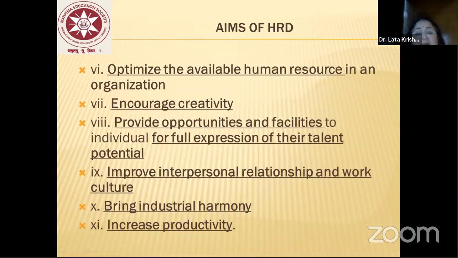Bring industrial harmony. So when is there industrial harmony? When there is a happy coexistence of all the levels in the pyramid of your company: your top level, middle level, and your bottom. The workers class, the middle management class, and the think tank of a business organization should all work in harmony.